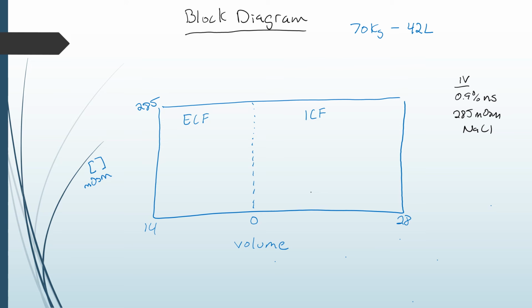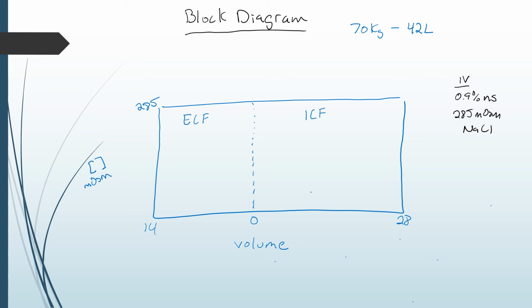I'm introducing that via an IV, so it's going into the intravascular space. And if you recall, anytime we introduce fluids to a patient through IV, it's always going to be in the intravascular space, so the ECF will be affected first.